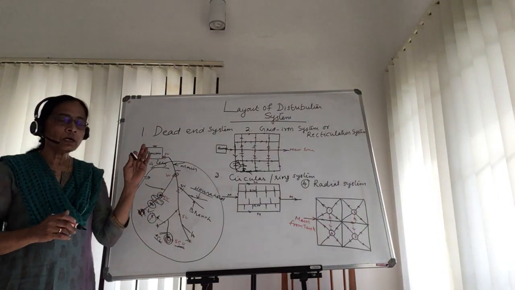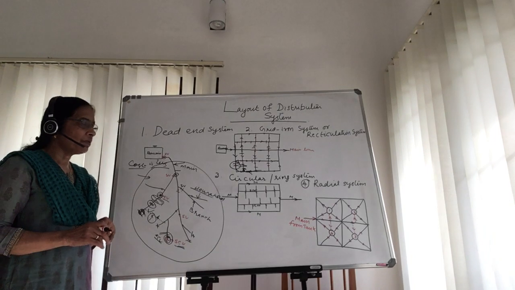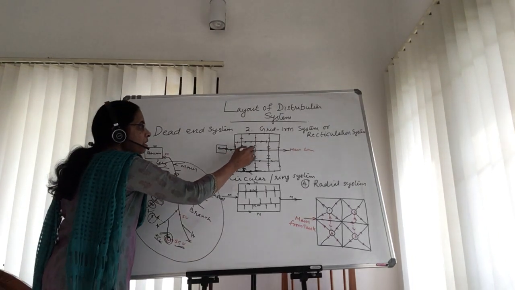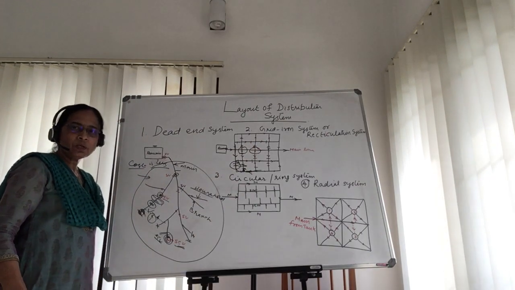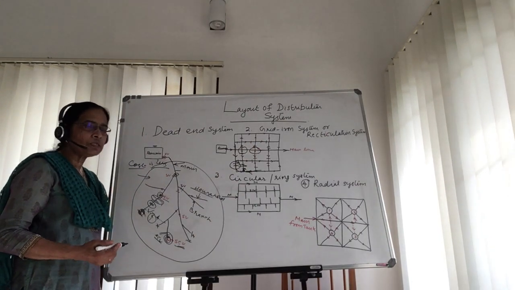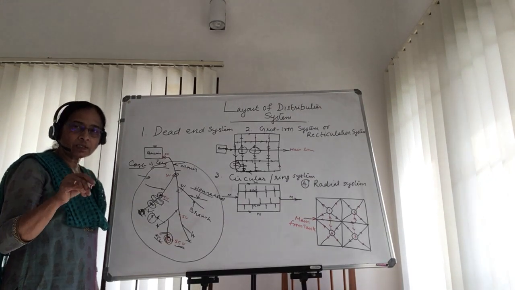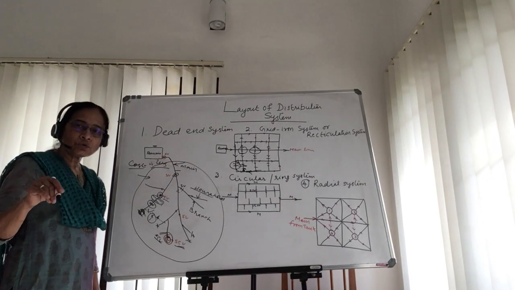And then one of the disadvantages: you can see that a number of valves are required. All the pipes have to be connected, so each starts with a valve and has to end with a valve.